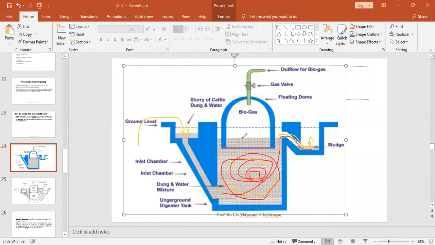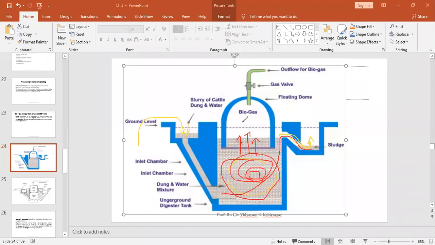But during decomposition, whatever gases are produced, just now in the earlier point we discussed what kind of gases are emitted during anaerobic decomposition. First one, methane. Second one, carbon dioxide, and then H2S. So the combination of these gases will be emitted into this chamber, and for collection purposes this dome has been provided.